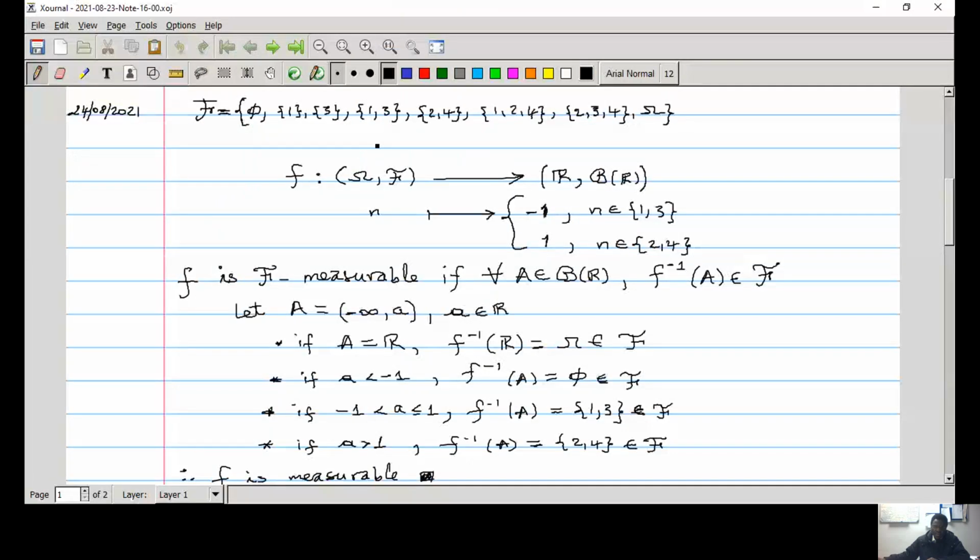F was one of the sigma algebras defined over the set omega equal to {1, 2, 3, 4}. As you can see on the slide, it was this function, with omega being 1, 2, 3, 4.